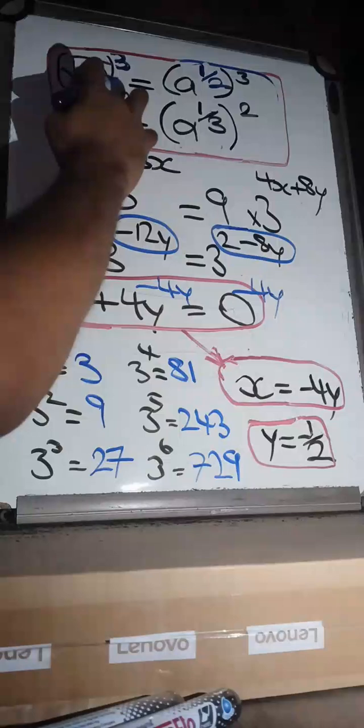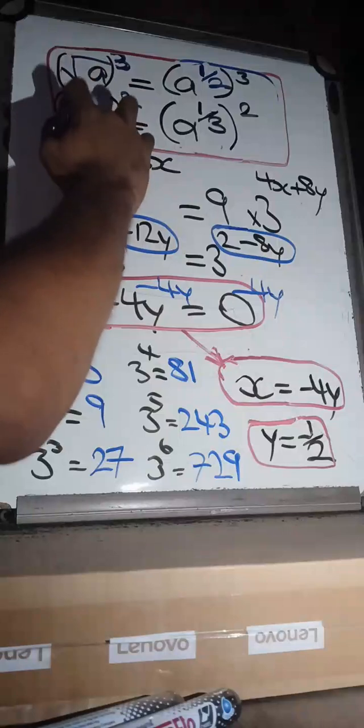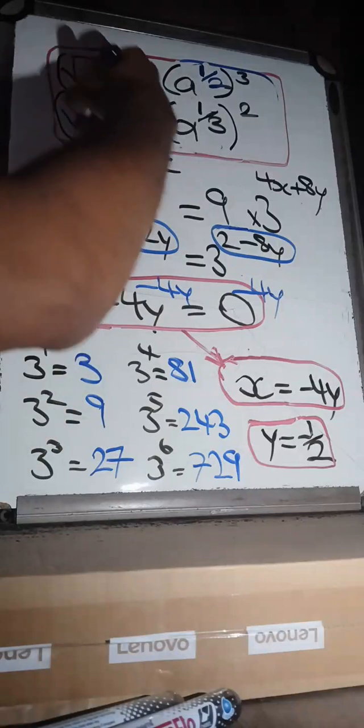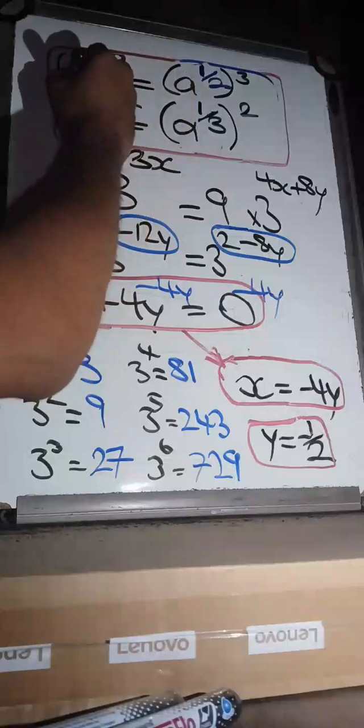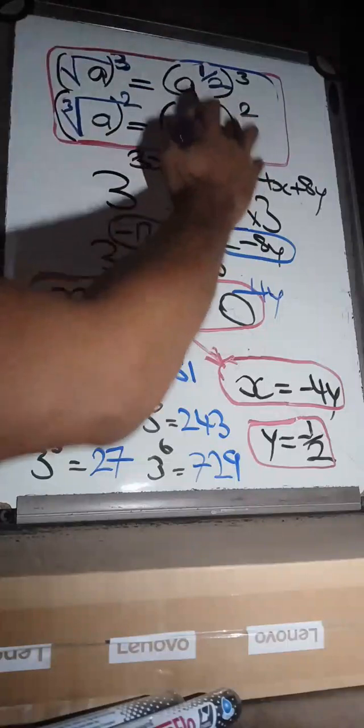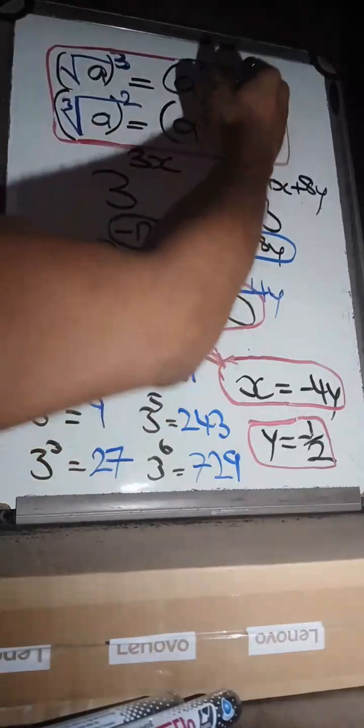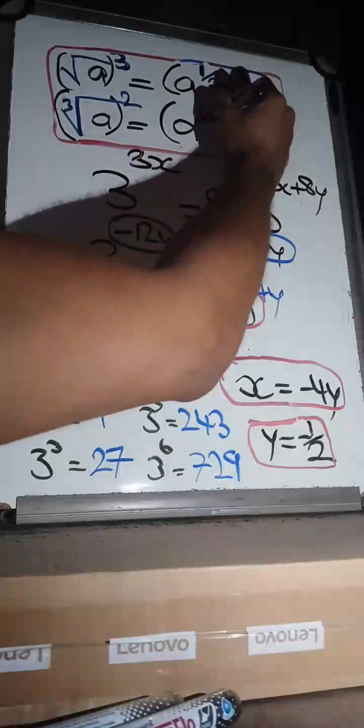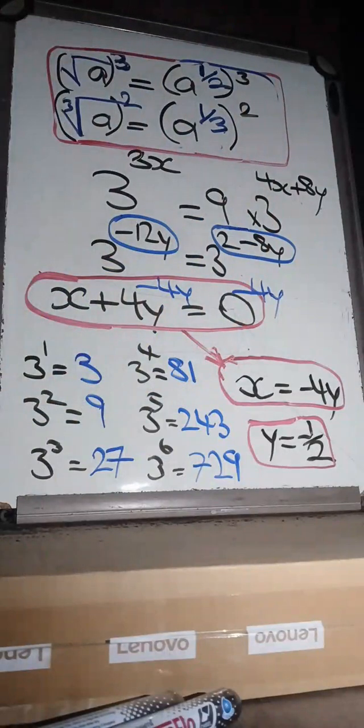Imagine that this cube root is the same as 1 over 3. And then of course everything makes sense. So if we were to rub this out, we get rid of that 3, we get rid of that 2. So that would make everything make sense.